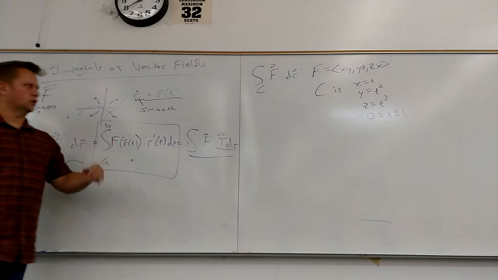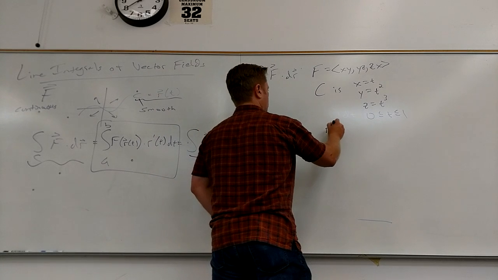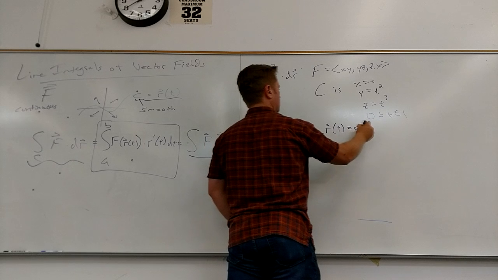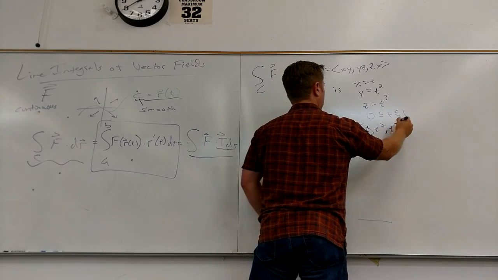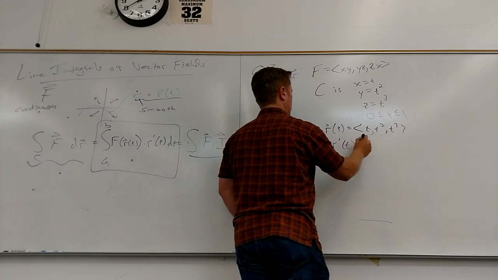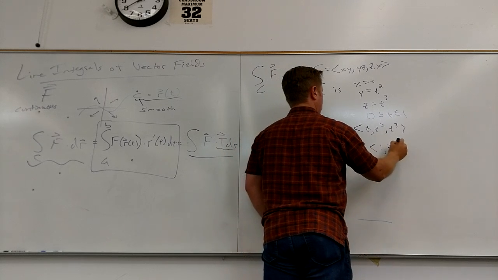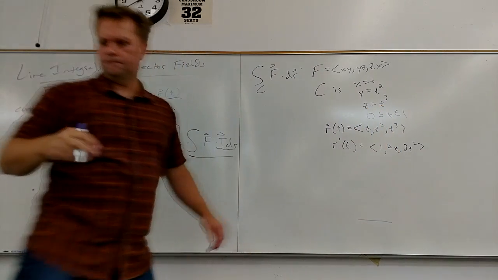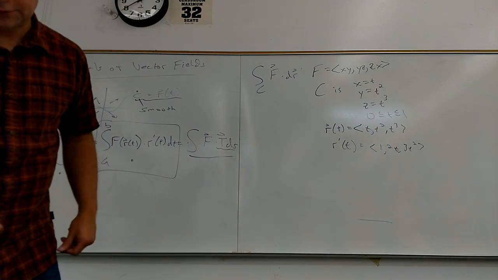All right. So just to make sure, what is R of t? You put it in a little more standard format. R of t is t, t squared, t cubed. So what's R prime of t? 1, 2t, 3t squared. Yeah.